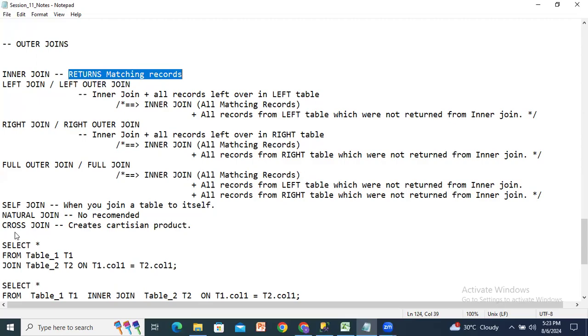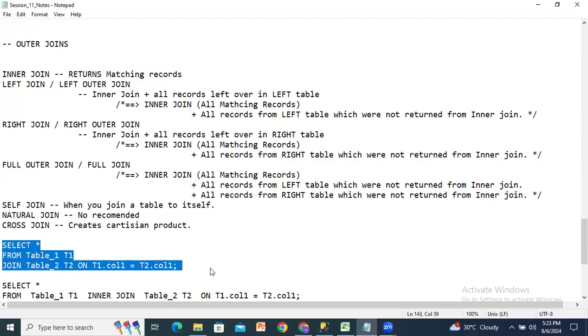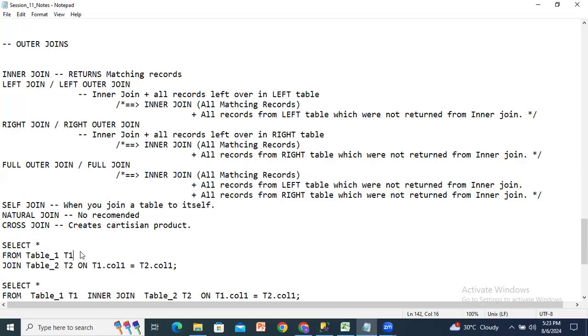For example, I am writing it this way: select star from table 1 T1. I am using T1 as the alias name. Simple. Join table 2 T2.